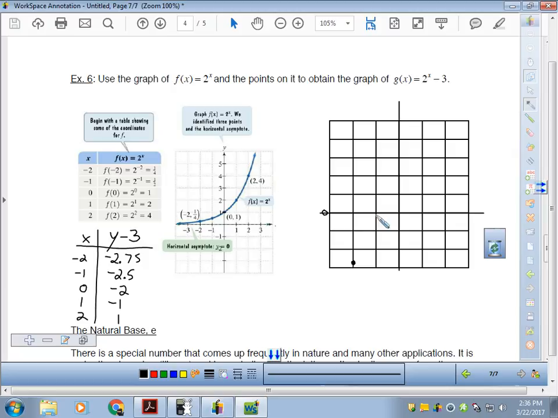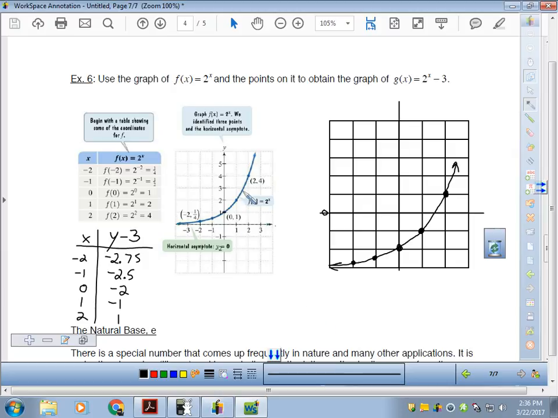At negative 1, we're down at negative 2.5. At 0, we're at negative 2. At 1, we're at negative 1. And at 2, we are at positive 1. Alright, so there is a function.